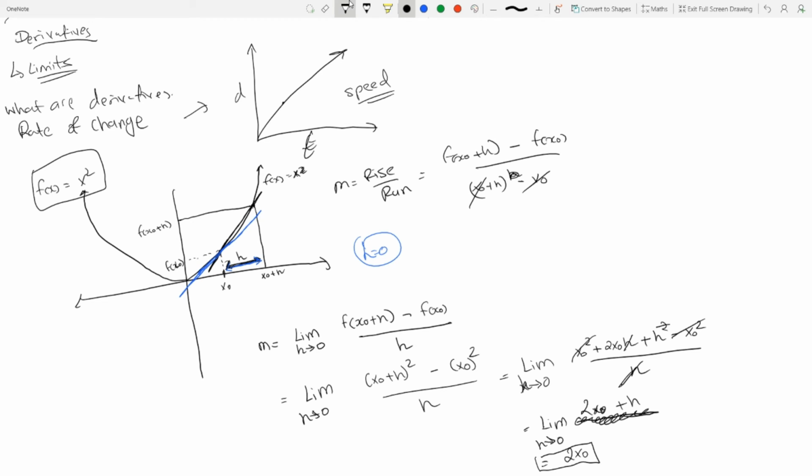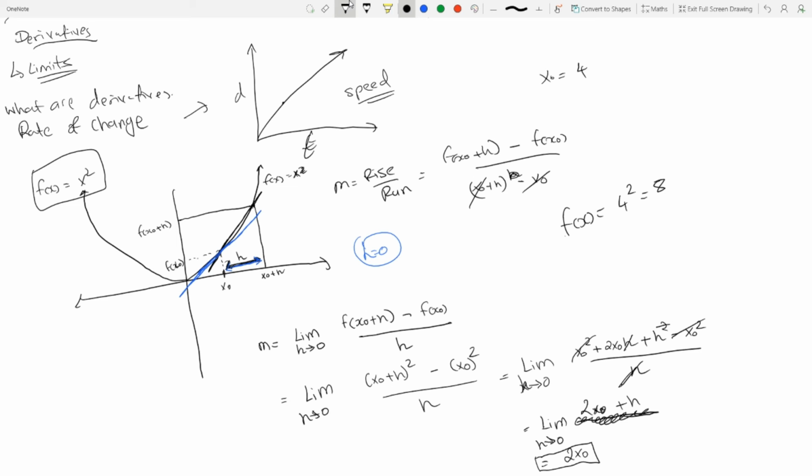and that is the rate of change. So whatever the x naught is, it could be any value, and it will give you what the slope is at that point. So let's say x naught was equal to 4, for example. All right. So in this case, f of x is equal to 4 squared, which is 16.